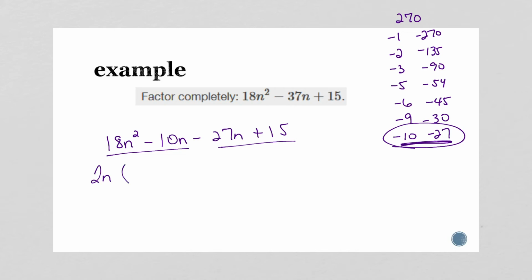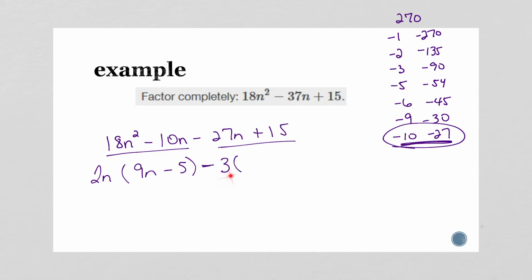So what times 2n would give me 18n squared? 9n. What times 2n would give me negative 10n? Minus 5. Okay, and remember, since this is a minus, I'm going to write the minus here. And what do these two guys have in common? Looks like a 3.